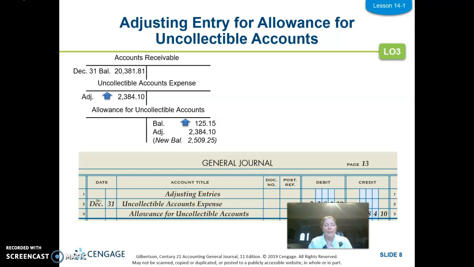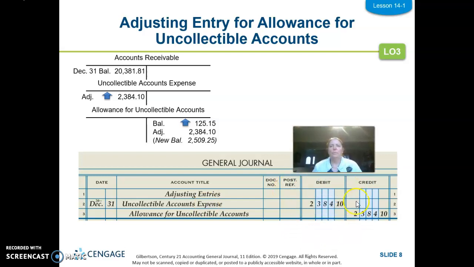It's a normal debit because it's an expense. And we will credit the allowance for uncollectible accounts for that same amount. And that again is a contra account to accounts receivable, and it is a normal credit balance.